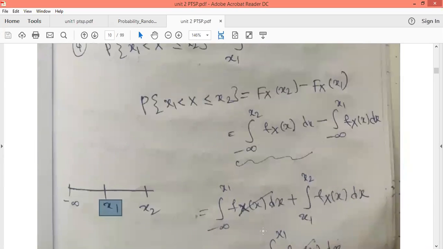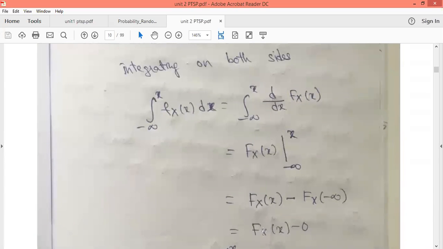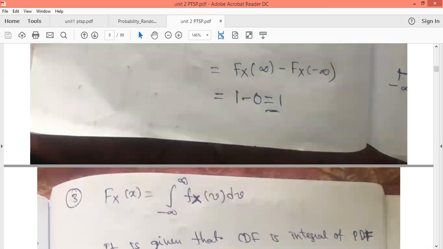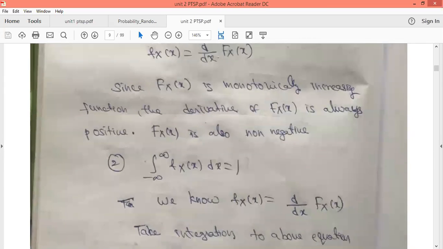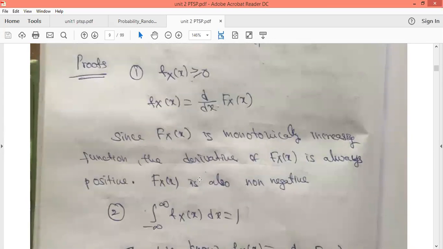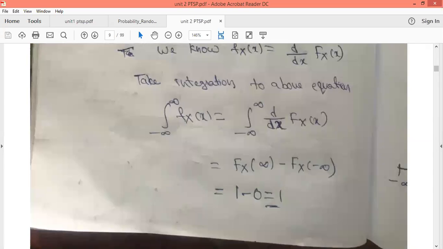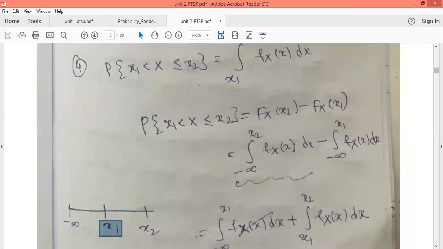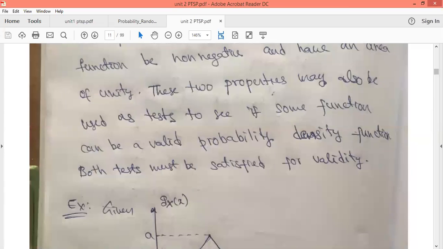What are the properties? fX(x) value should be always greater than or equal to 0. And the second property is the integral from minus infinity to plus infinity of fX(x) dx value should be equal to 1. If these two conditions are satisfied, then we say that the given function is a valid density function.